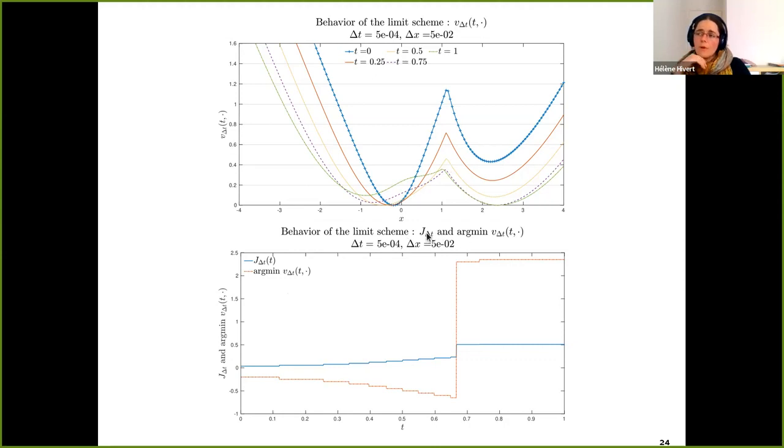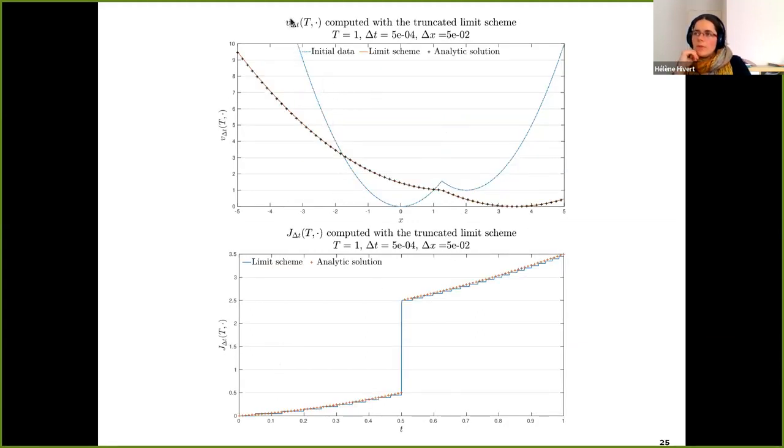You can also plot J_dt, the constraint, with respect to time, in blue here, and observe that it has a jump, and the jump arises at exactly the same time as the jump in the argmin. Here, at the beginning the argmin is on the left, and after some point, between the yellow one and the green one, the minimum jumps from the left to the right, and this is the jump you see here.